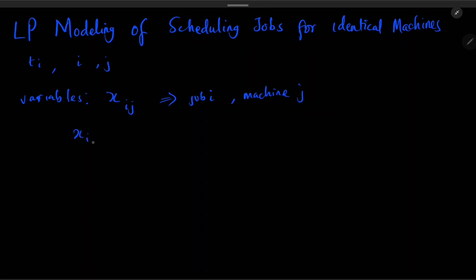For x_ij, it will be represented with 1 or 0, where we have 1 if the job i is assigned to machine j, but if not, we have a 0.